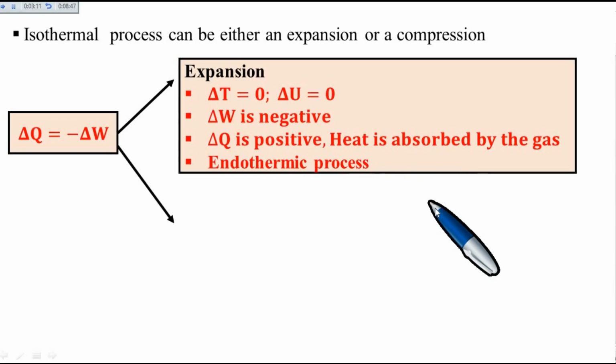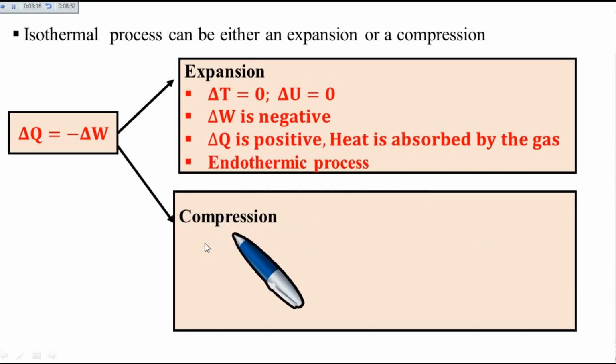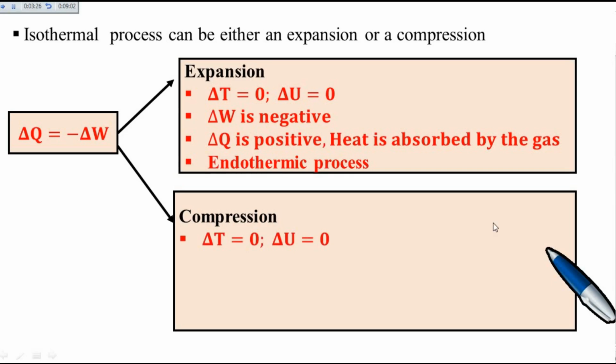Again, the isothermal process can be a compression process. During a compression, the temperature is increasing. We are reducing the volume. Of course, because in an isothermal process, dT is equal to 0 and dU is equal to 0. Internal energy change is equal to 0 because the change in temperature is equal to 0.